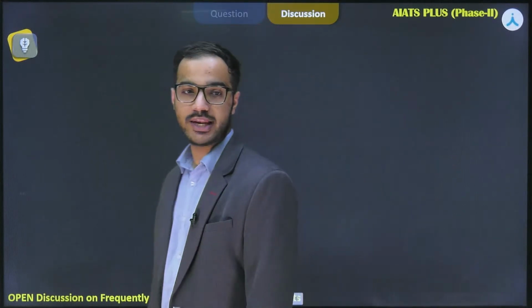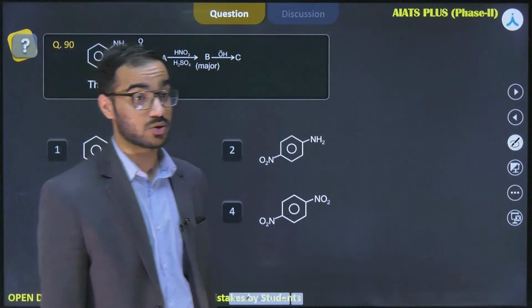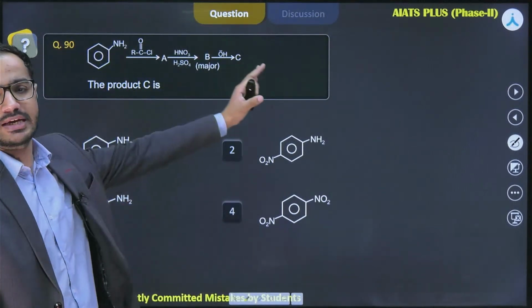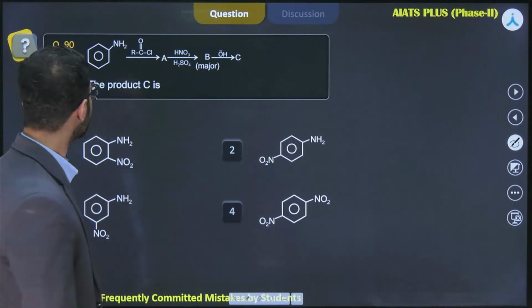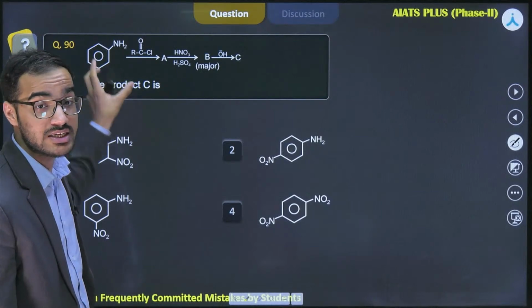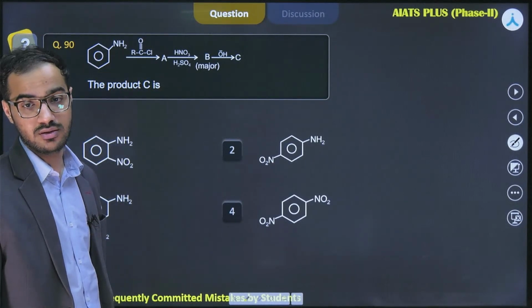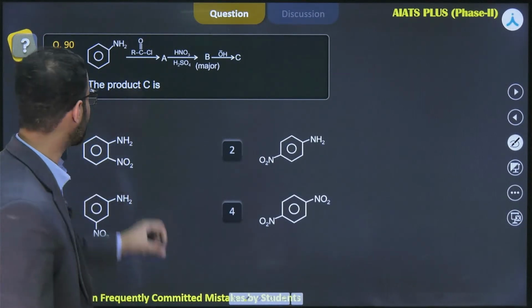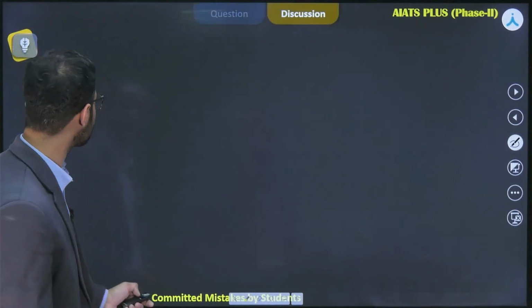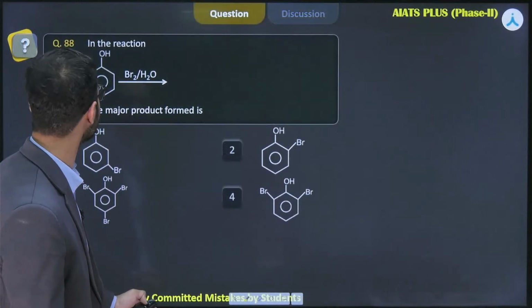Moving on to the next part of this question. Now you will have a complete scheme of this reaction. You are reacting aniline with acyl chloride. Let me discuss it again.